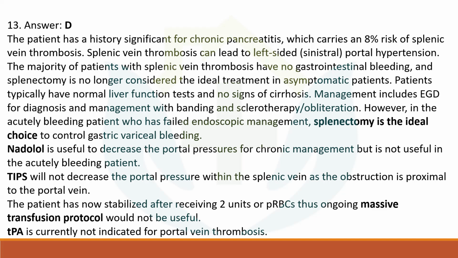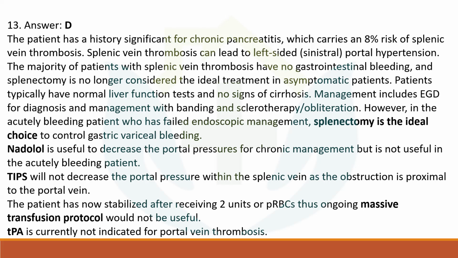If it had been a first bleeding, EGD would have been a good option, but here the patient is having acute bleeding which has failed its management. So you have to go for splenectomy, which is an ideal choice to control the bleeding in this patient. Nadolol is useful to decrease the portal pressure, and it is for chronic management. TIPS will not decrease the portal pressure within the splenic vein as the obstruction is proximal to the portal vein.